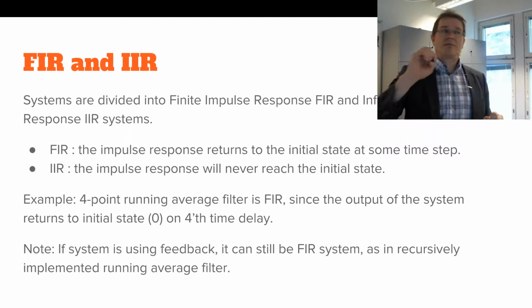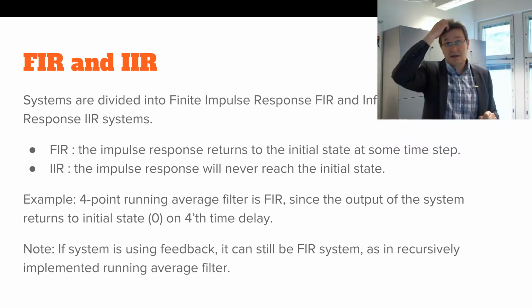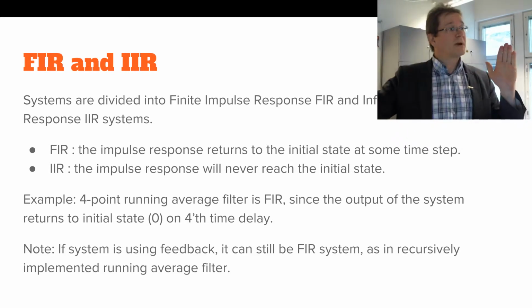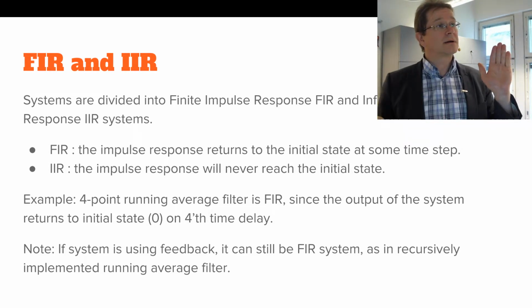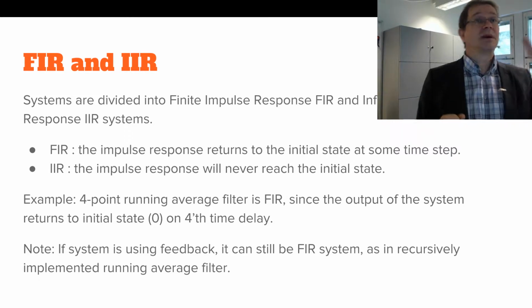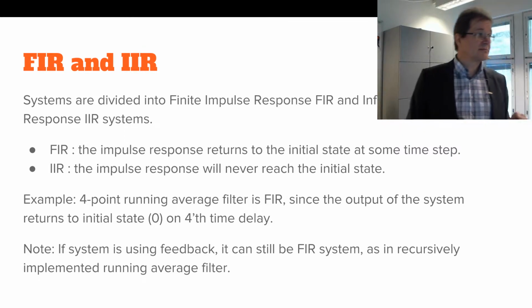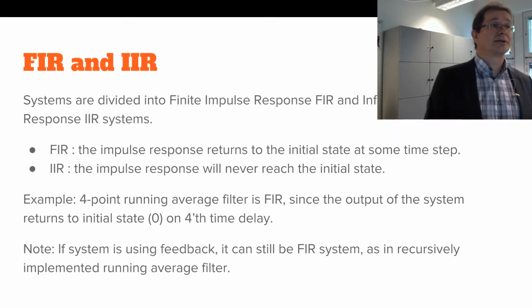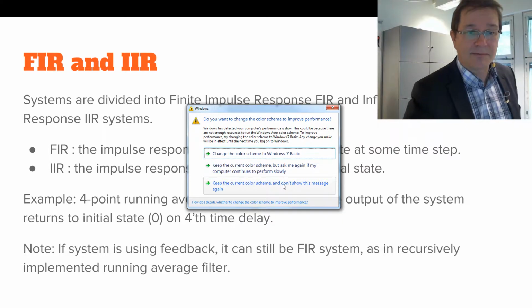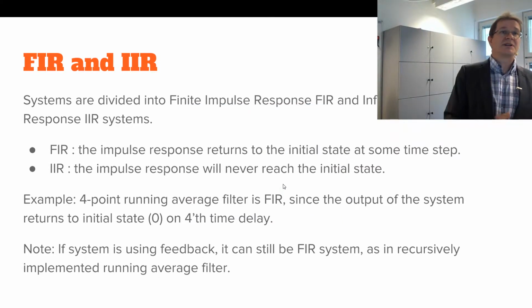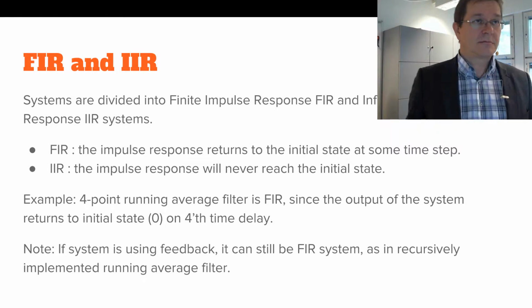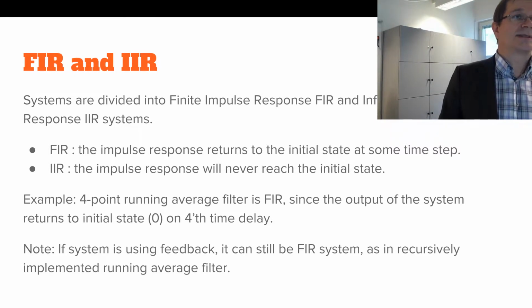In infinite impulse response systems, the signal is always there, a small amount of signal. Most natural systems are of the infinite impulse response type. A simple RC filter is infinite. It has an exponential decay of the signal after you hit it with the impulse.